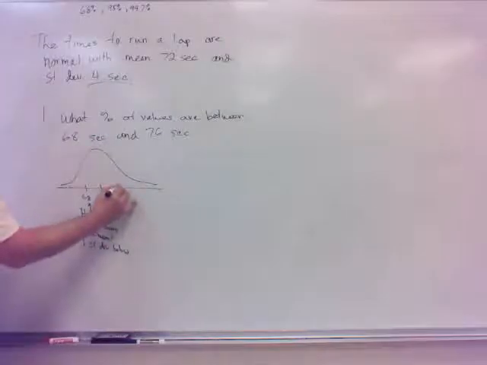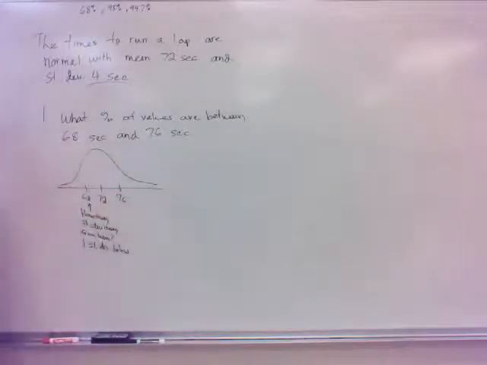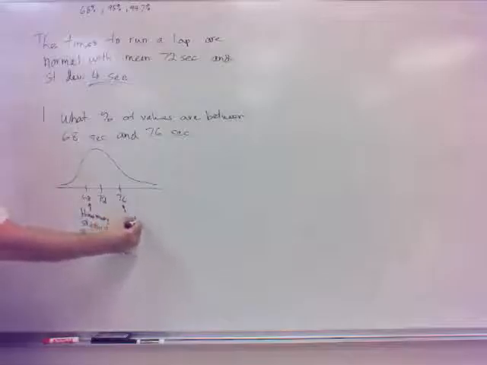All right, what about 76? Well, 76 is how many away from the mean? It's just 1. Standard deviation is 4, so it's 1 standard deviation away, 1 standard deviation above.